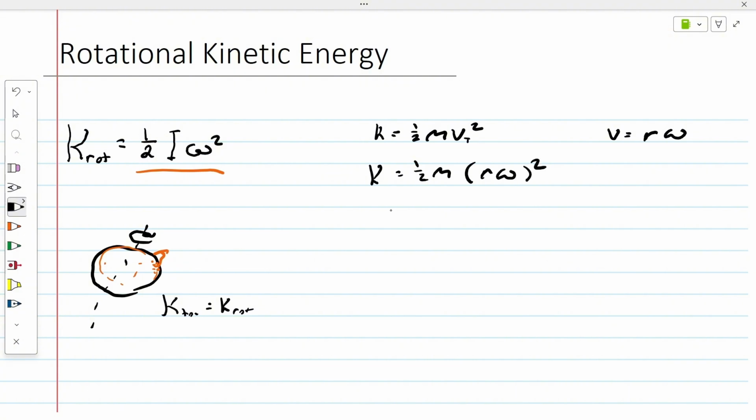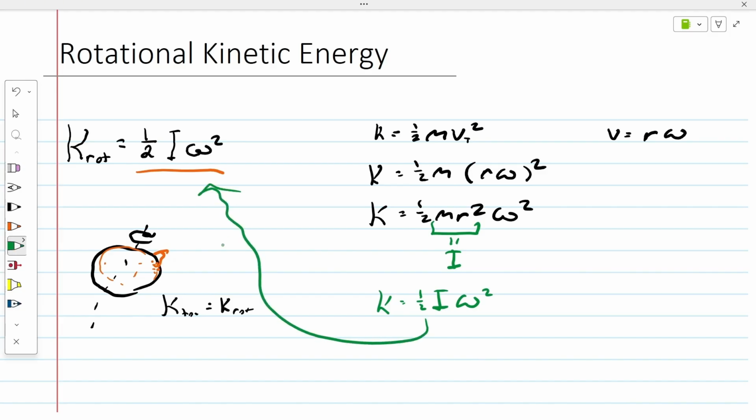Distributing the square, we get 1/2 m r squared omega squared. You may notice that this m r squared simply equals I. So we get K equals 1/2 the rotational inertia times the angular velocity squared, and that's what we have right here.